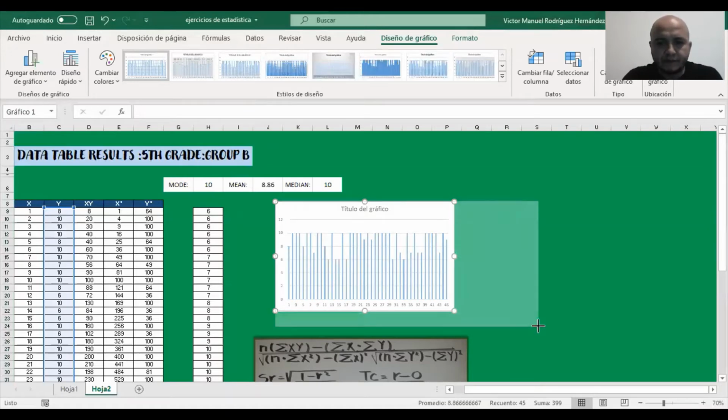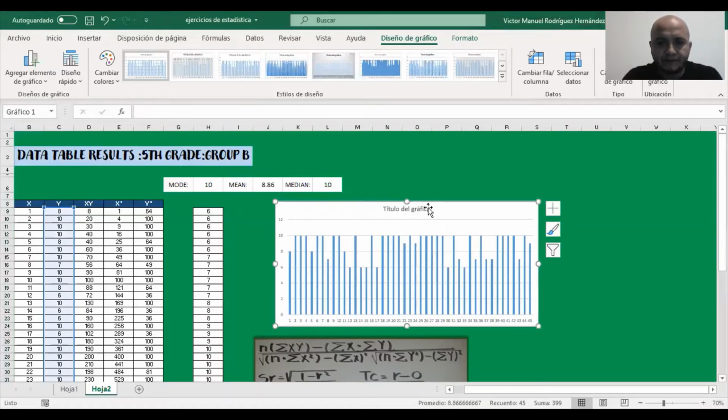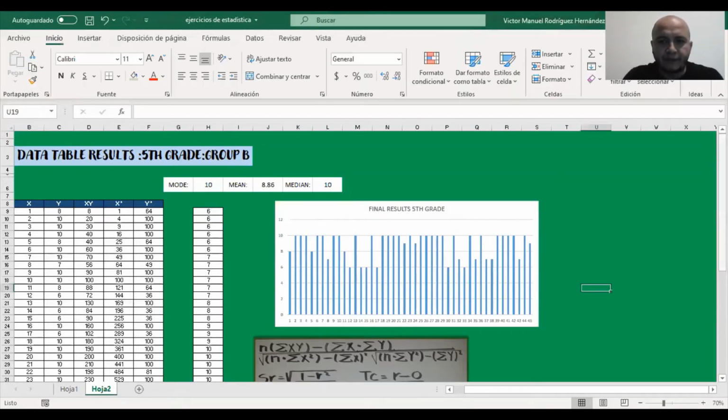We're gonna make it a little bigger, and we can write on it. It's just final results. 5th grade. Okay. All right, so we have already the mode, the mean, the median, the graphic.